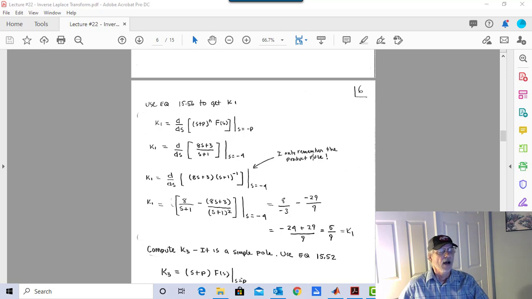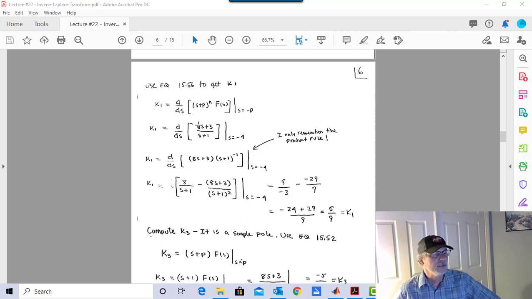Now, I can only remember the product rule. I never remember the quotient rule. So what I'm going to do is say, this isn't really a quotient. This is a product. And up here, I have s plus 1 to the negative 1. Then I just have to remember the one product rule. I think they call it the chain rule.